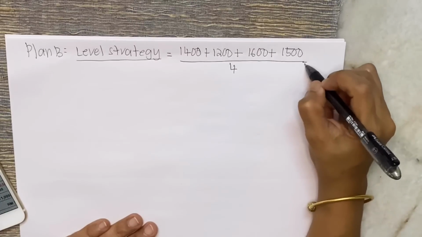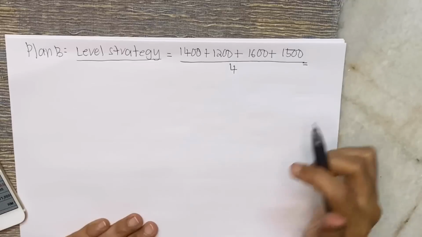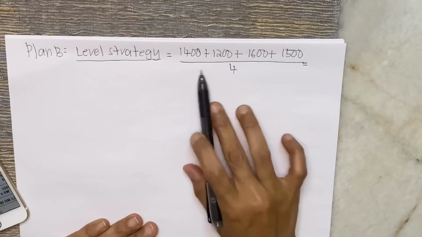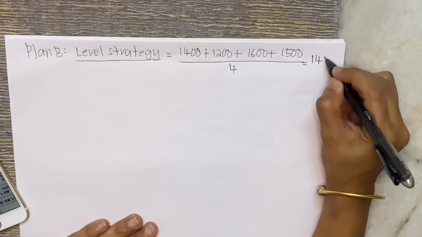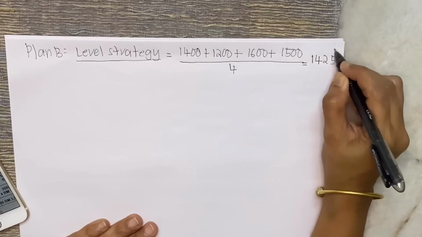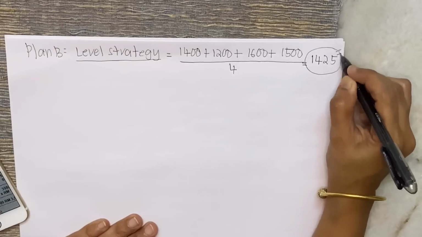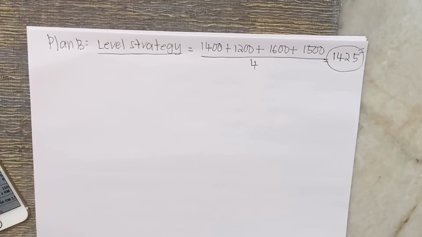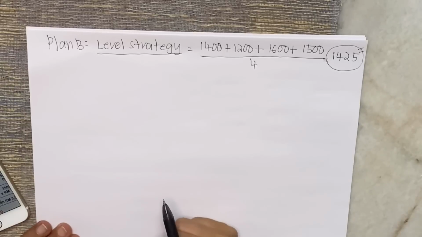Because we have only 4 quarters, right? Okay, so what is the amount? The amount is 1425. This is the amount of level production that we are going to utilize in producing our product for quarter 1, quarter 2, quarter 3 and quarter 4.